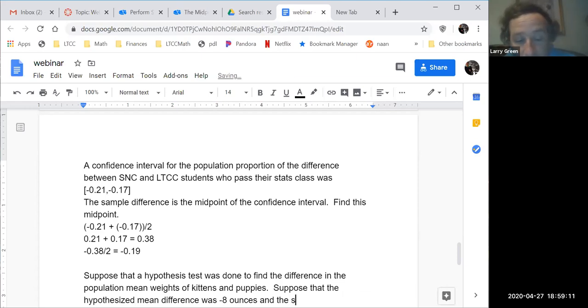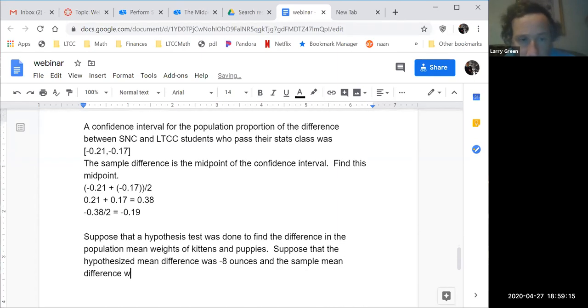And the sample mean difference was -10 ounces.